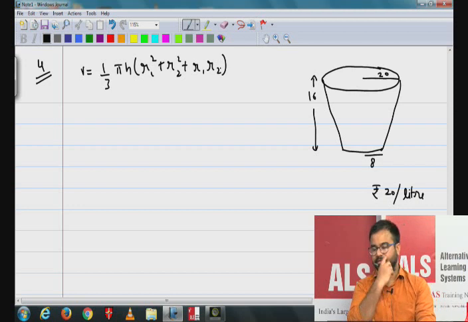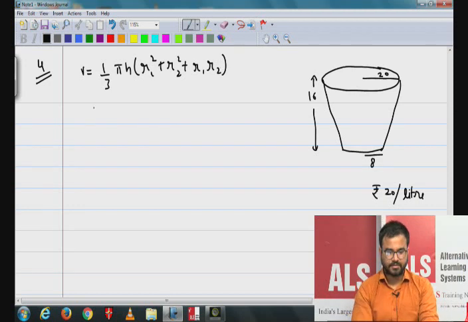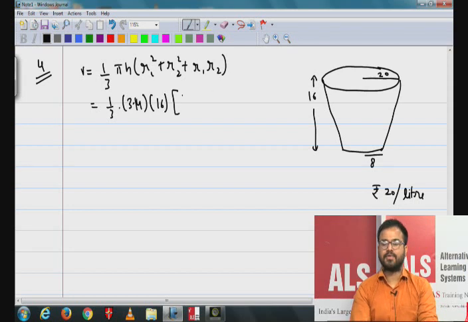Height is given, both the radii are given, and we have to use pi as 3.14. Height is 16, r1 is let's say 20, so 20 square is 400, plus 64, and 20 into 8, that is 160.